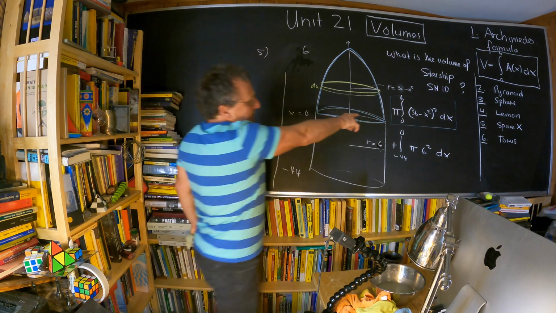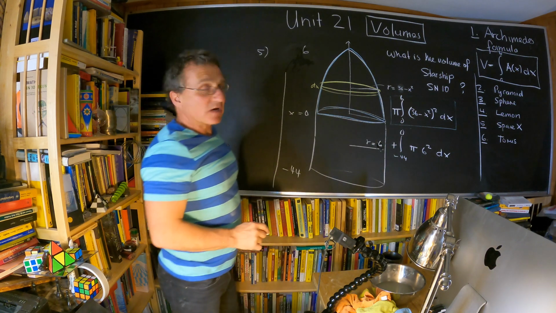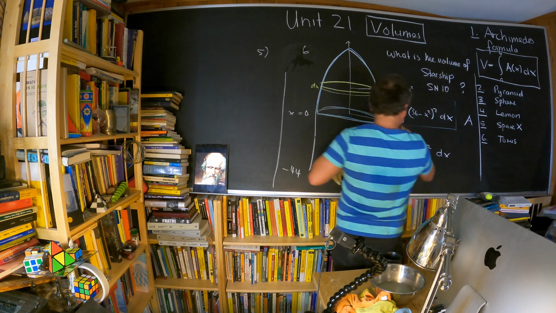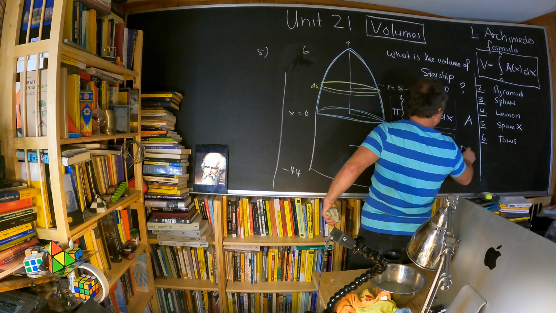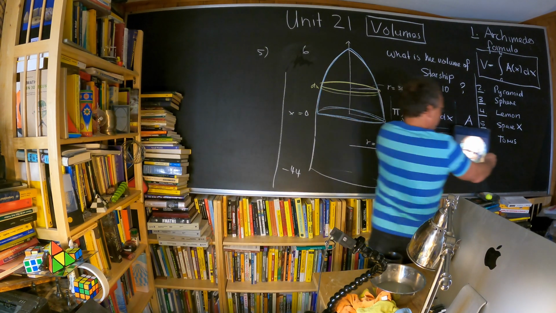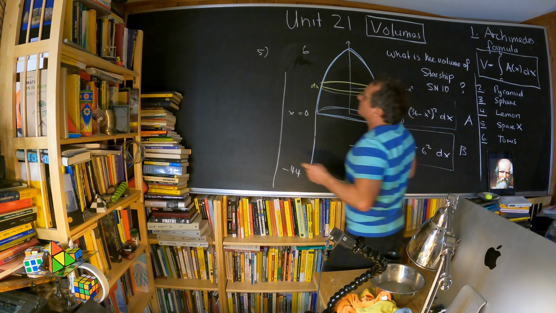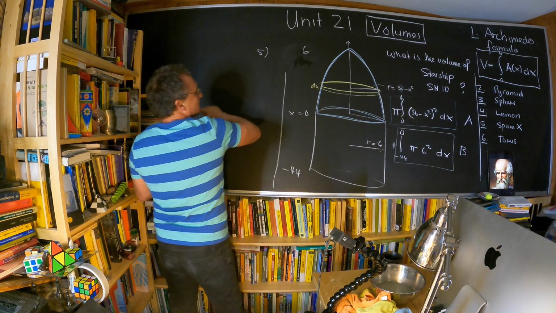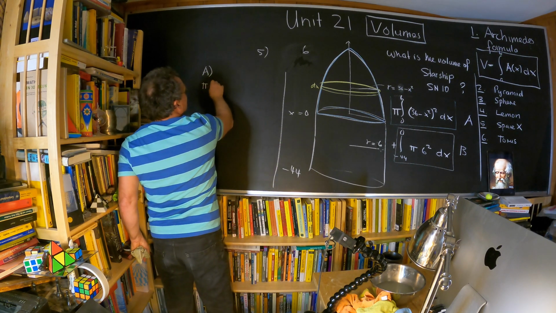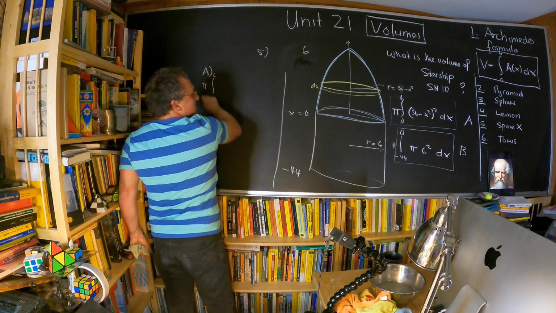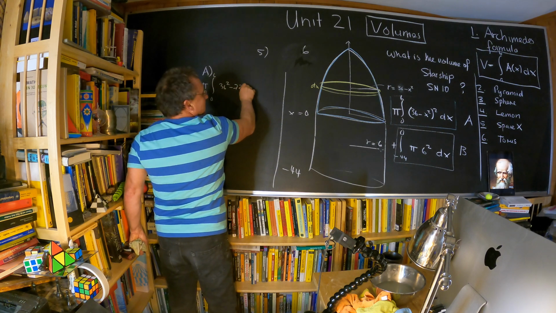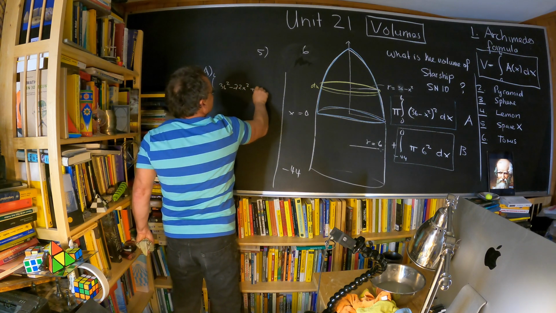In this case, it's good to just FOIL it out. So let's call this integral A, and this integral B. So let's just look at, maybe put Archimedes here over. So for A, we have to integrate pi times the integral from 0 to 6, FOIL it out, 36 squared minus 72 x squared plus x to the 4 dx.